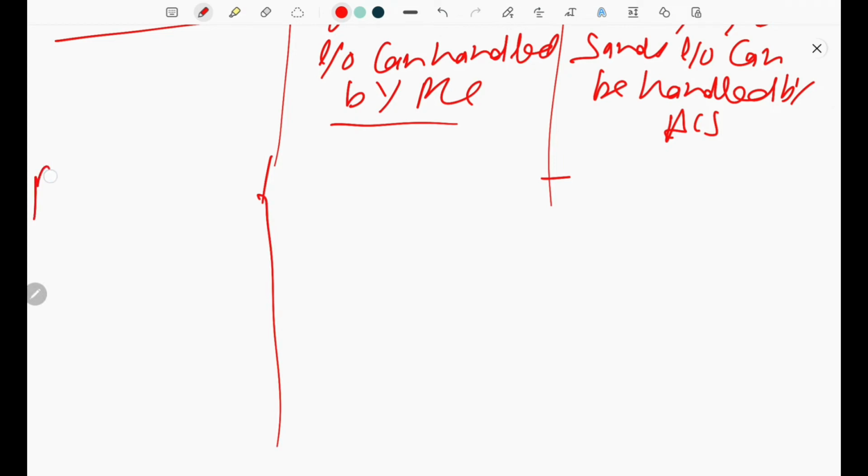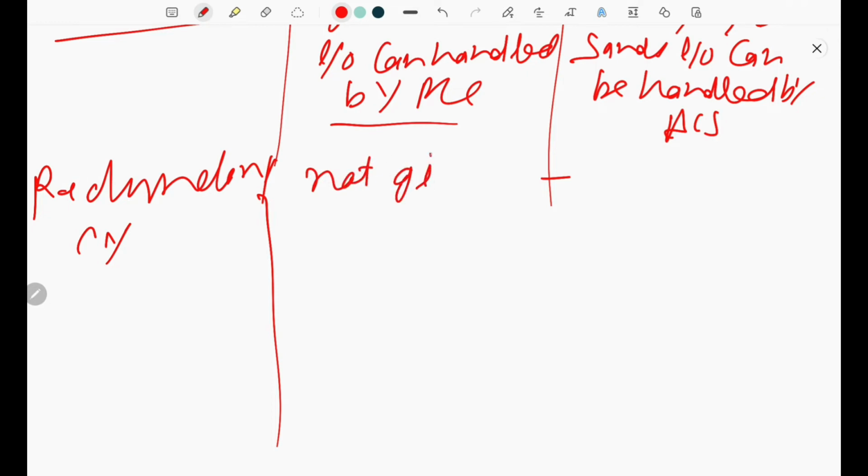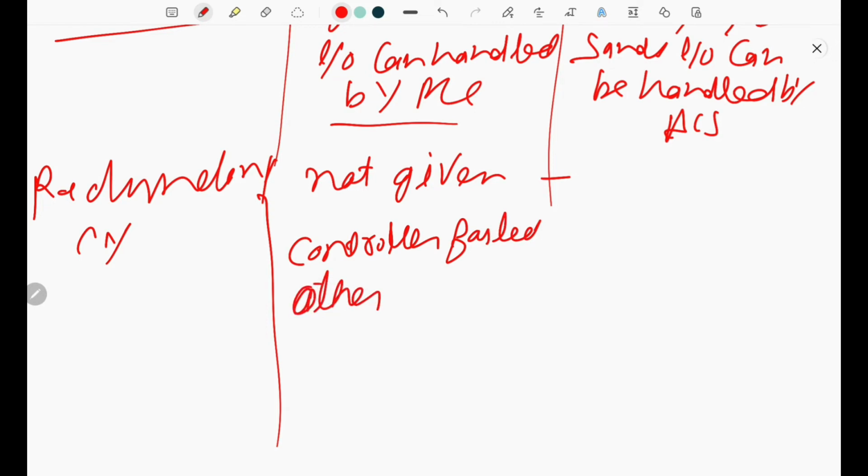Now, another point is redundancy. In some PLCs, redundancy is not given. What is redundancy? When one controller fails, the other controller which is configured as redundant will take control.